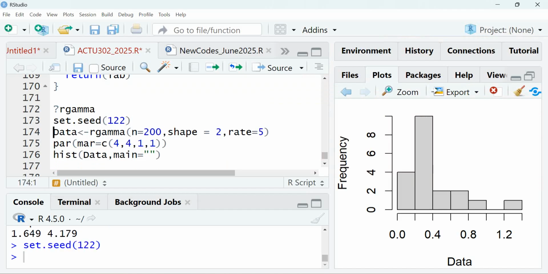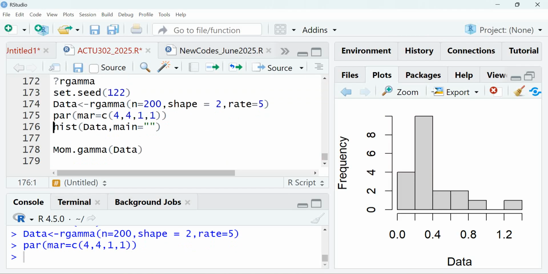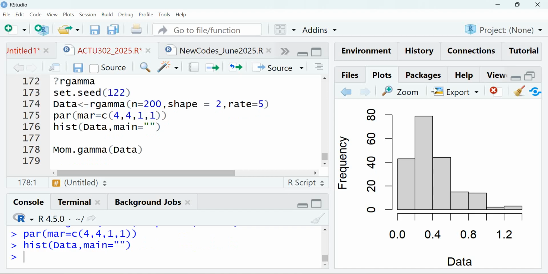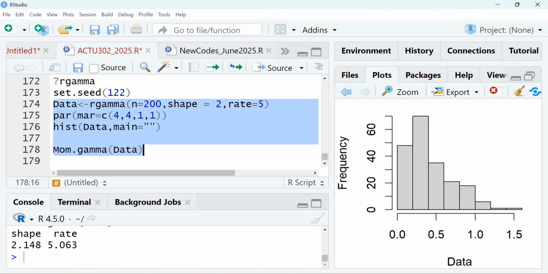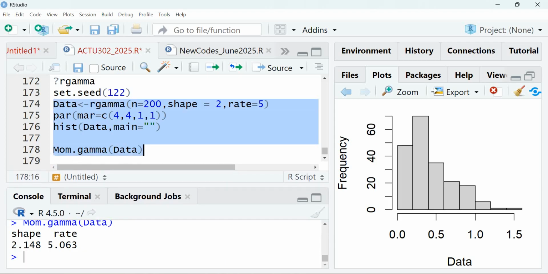So now we want to simulate 200 observations. We do this, 5.98. Did you get the same? So this is better. Okay, let's increase this to 2,000.